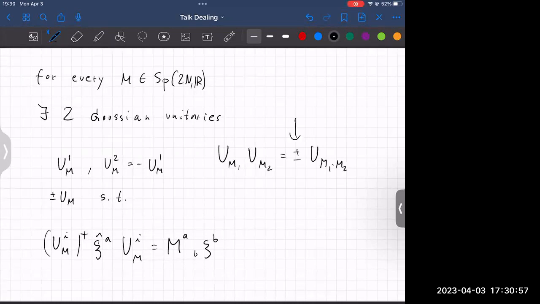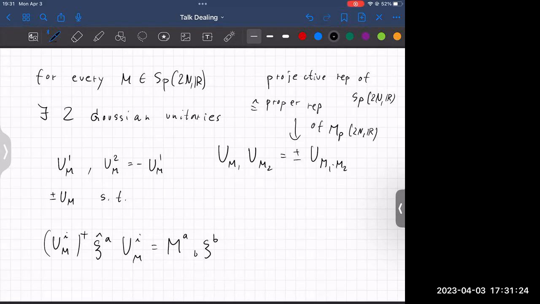And so this means that it's a projective representation of Sp2nR or a proper representation of Mp2nR.